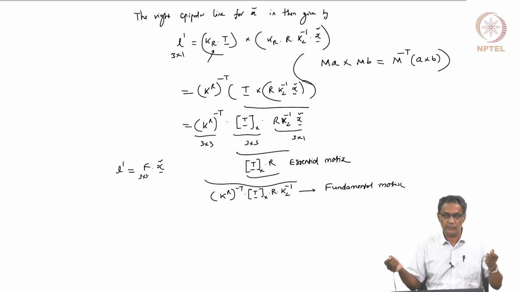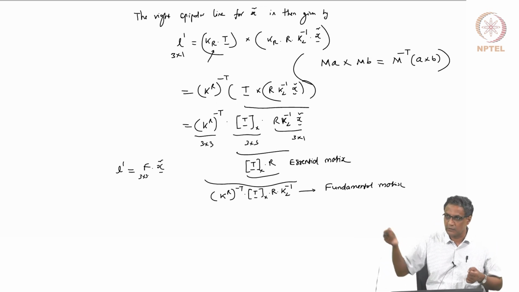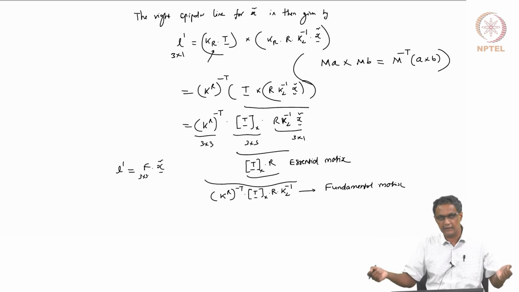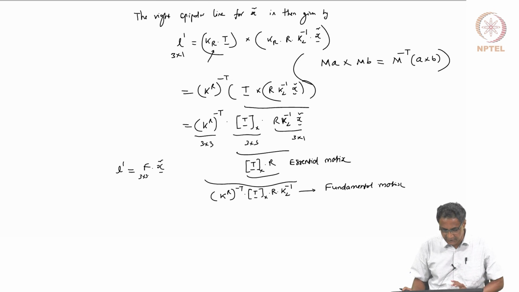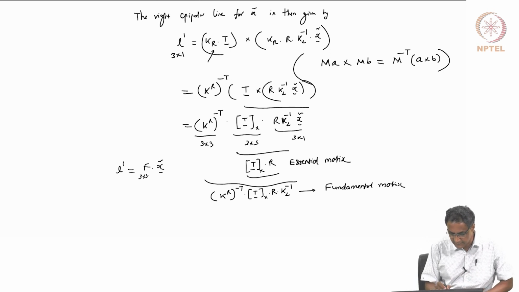If I knew that x tilde maps to x tilde prime, then x tilde prime should lie on this epipolar line, because one of those points is my correspondence. In fact, this will be true for any point on that line. Any point x tilde dash that lies on that line will have to satisfy this.